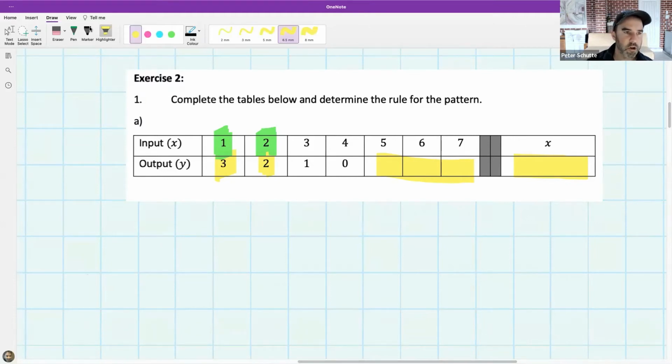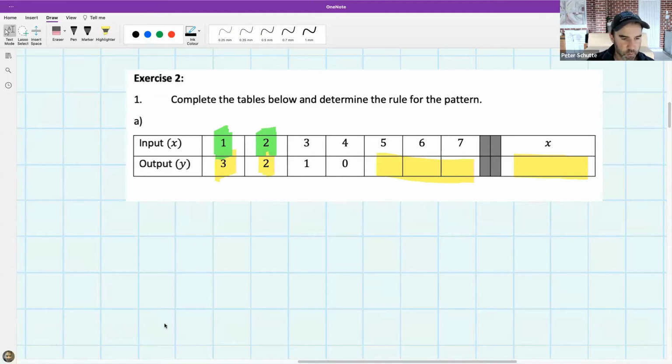What is the output that goes with the input of 5? I've unmuted you, Kachelo. Do you want to let us know what your answer was? Okay, I'm going to go to Warona.